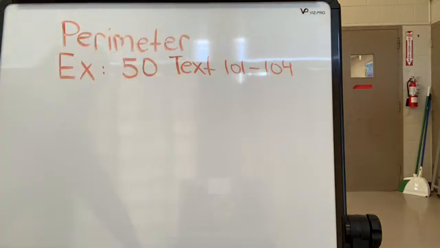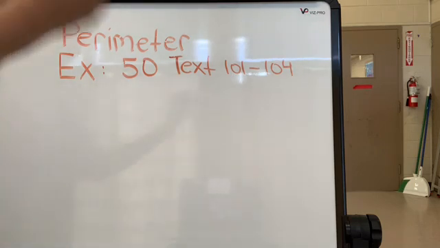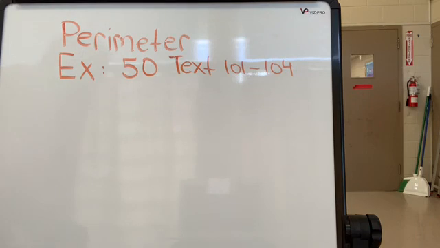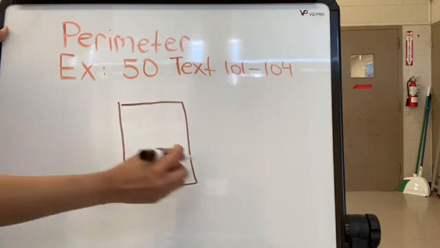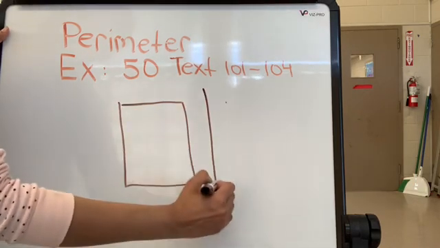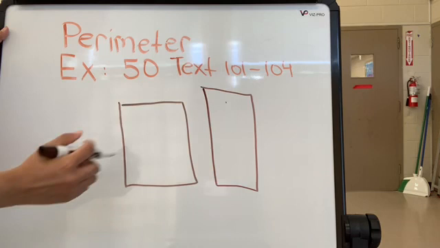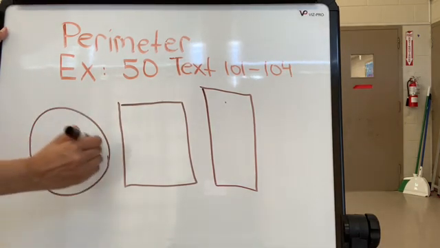Does that make sense? So basically, what's a perimeter? It is a distance, so the distance around a shape, and the shape doesn't have to be just square or a rectangle, okay? It can be a circle.